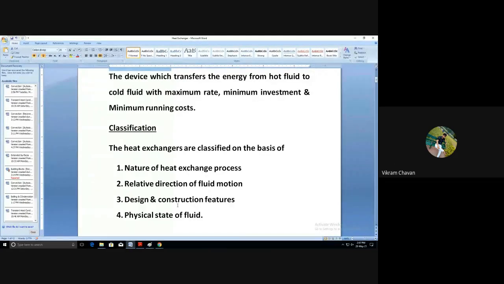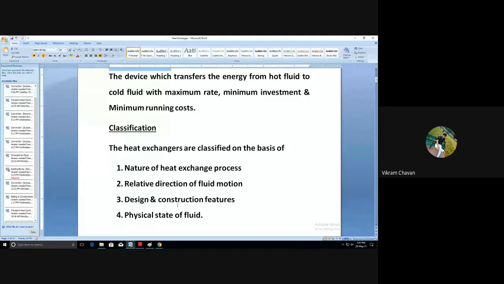Various heat exchangers are available, and out of that we can categorize them in these four categories. One heat exchanger may come under the first category, and that particular heat exchanger may also come under the second category. That is not an issue, because nature is a different category and design and construction is a different one.